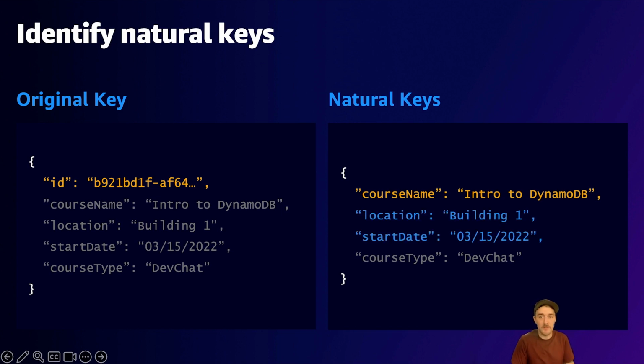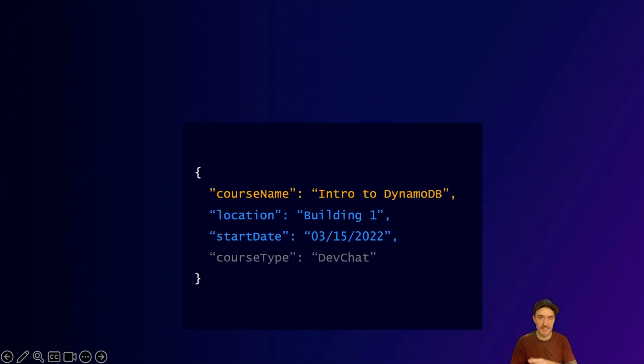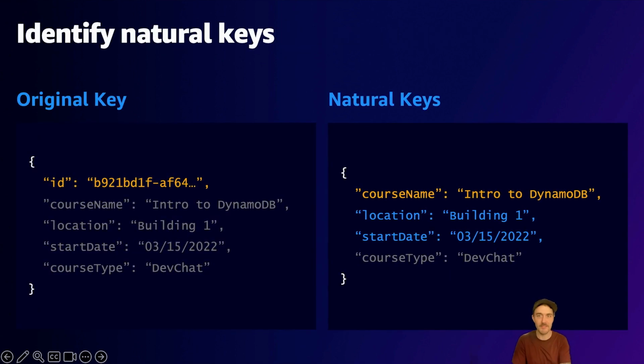And if we're going to add a sort key, what might be better than the location and start date? No other course is going to have these three things. As a result, we can use the actual values themselves to become the identifiers for this particular record. So let's take that. We're going to say course name, location, and start date, and put these aside as a partition key and the sort key.